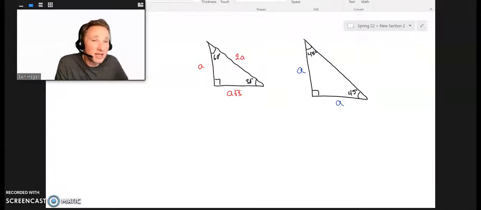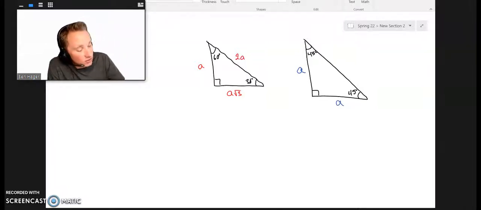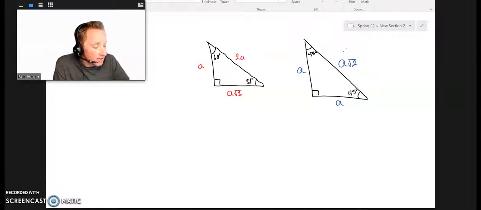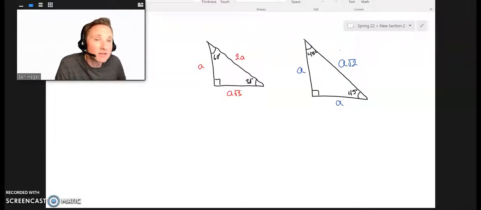And the hypotenuse is guaranteed to be A times radical 2. Again, you can verify with the Pythagorean theorem that that's always the case for a 45, 45, 90 triangle. The two legs will be the same, and the hypotenuse will be radical 2 times the length of one of those legs.